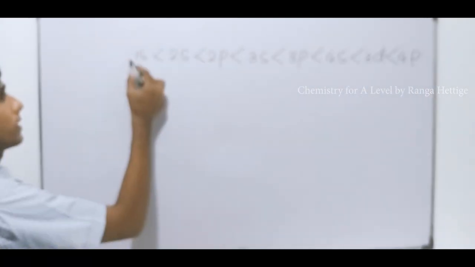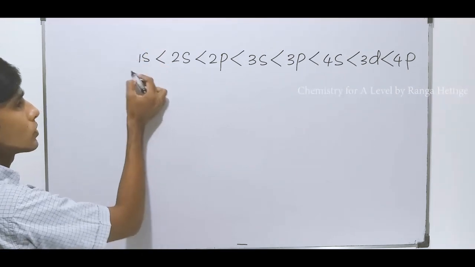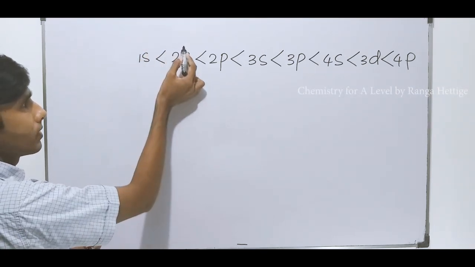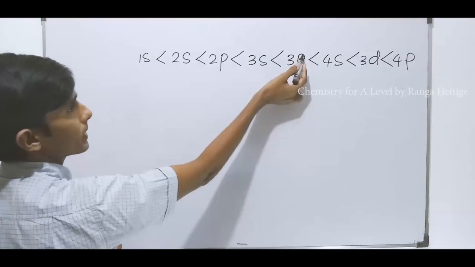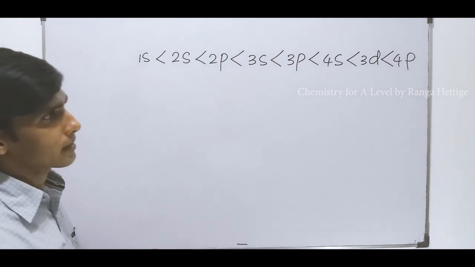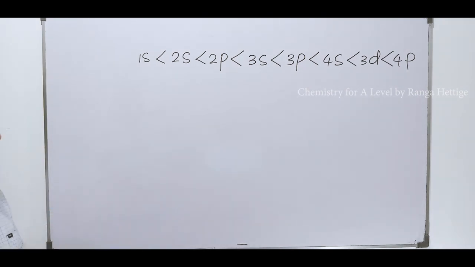That means first electrons are added to the 1s orbital, then 2s, then 2p, 3s, 3p, 4s, like that. This is the order in which electrons are added to the atom.